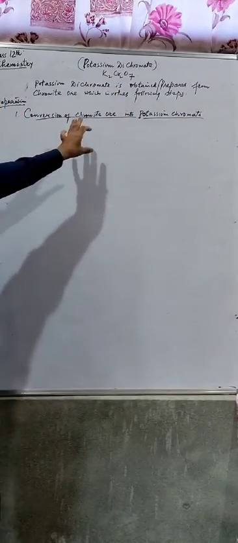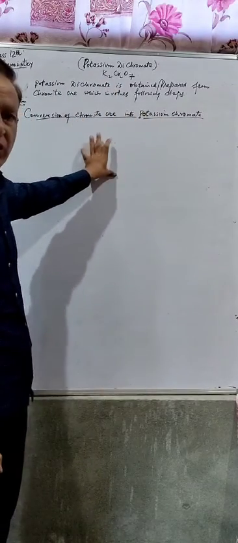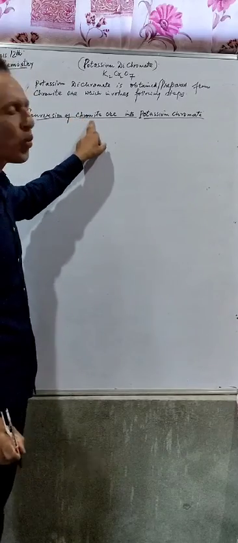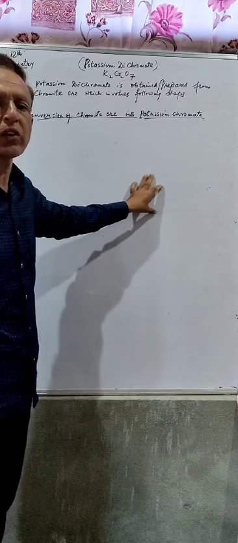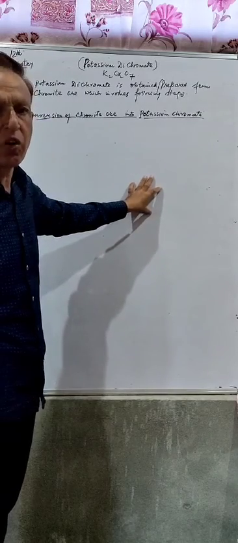How will we convert the chromite ore into sodium chromate? We fuse the chromite ore with sodium hydroxide or sodium carbonate in presence of air.